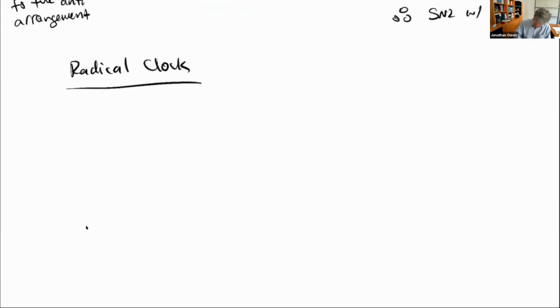And so what he did was he took FIP anion and he reacted it with this alkyl bromide, cyclopropyl methyl bromide.